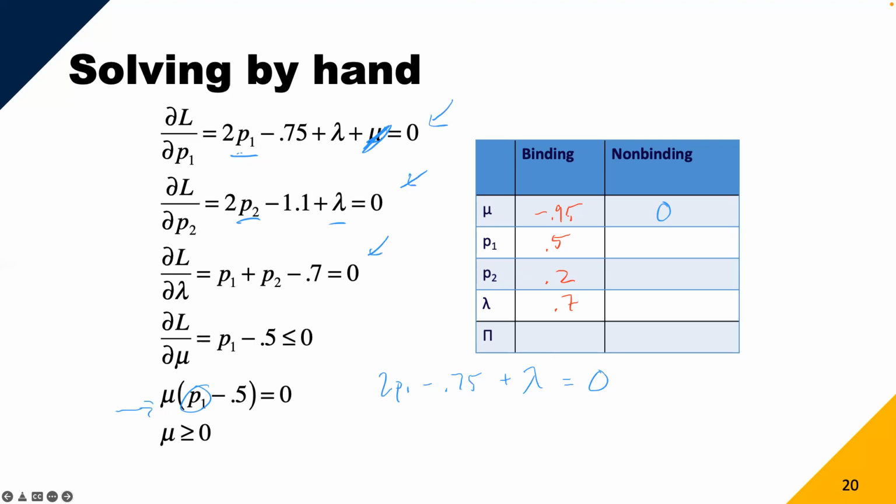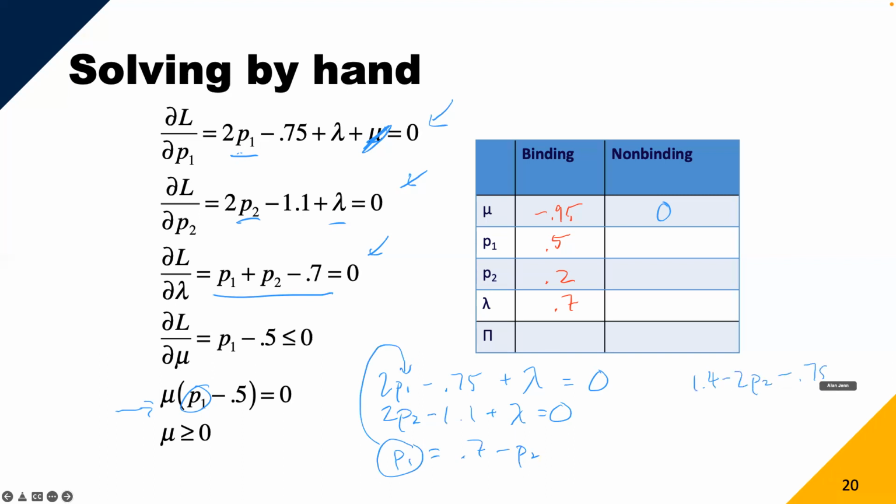So you can do some basic algebraic manipulation. I also know 2p2 minus 1.1 plus lambda equals 0. And then P1, let's say, is equal to 0.7 minus P2. That's just reconfiguring this. I can take P1 and insert that into here. So then I would have 1.4 minus 2p2 minus 0.75 plus lambda equals 0.